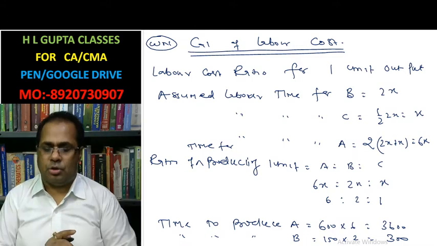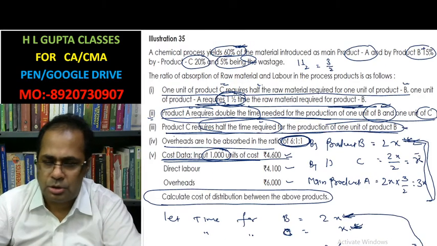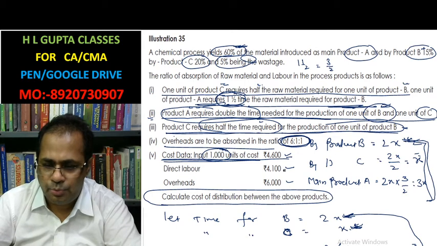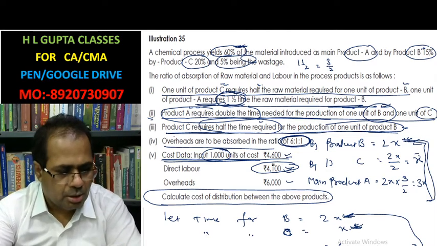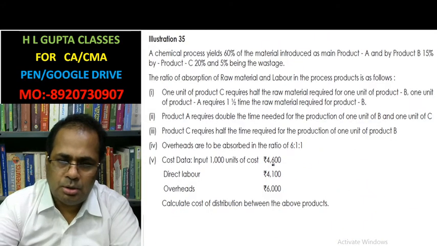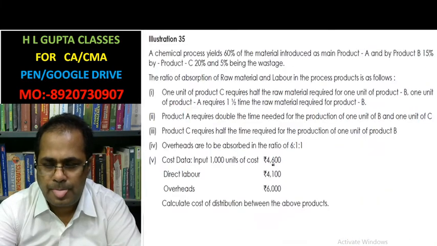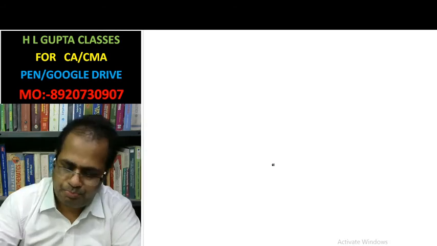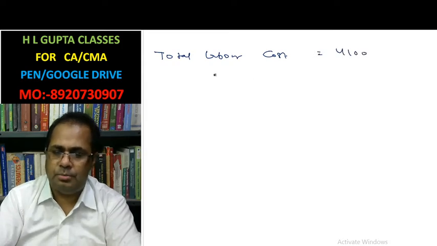Now labor cost. What is the total labor cost you had? Total labor cost is 4100.